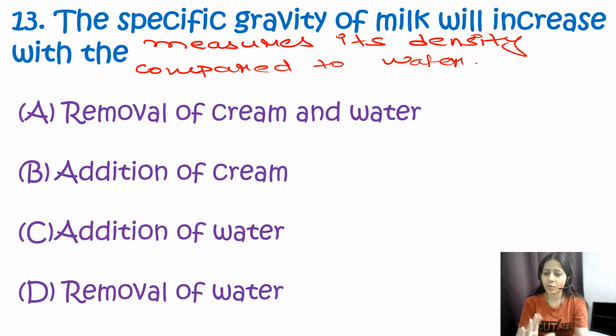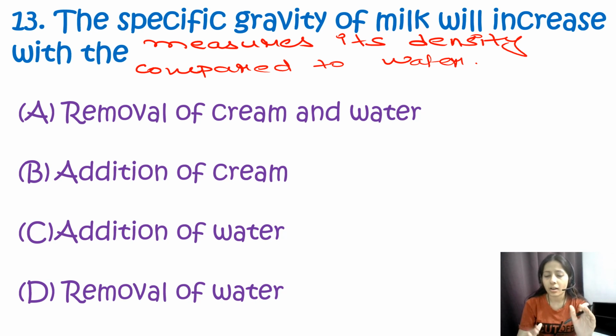Now we know that water has a specific gravity of 1, so if we add water to the milk, it will dilute it, hence it will decrease its specific gravity. While removing water, it would increase the concentration of the solids, hence increase the specific gravity.